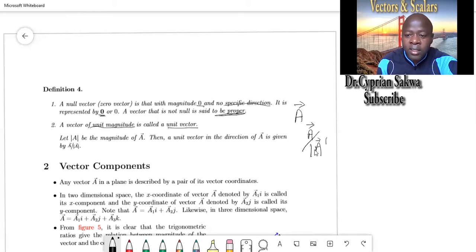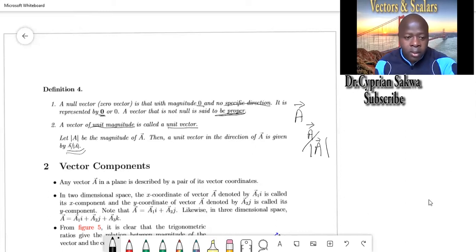The result is a unit vector which points in the same direction as vector A. That's what I've written here. Let the magnitude of A be the magnitude of vector A. Then a unit vector in the direction of A will be given by this.